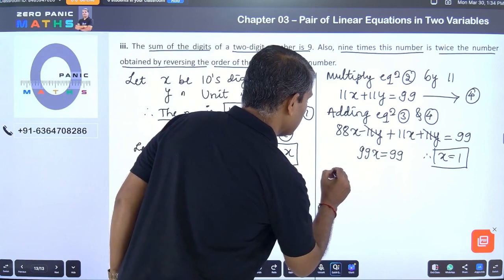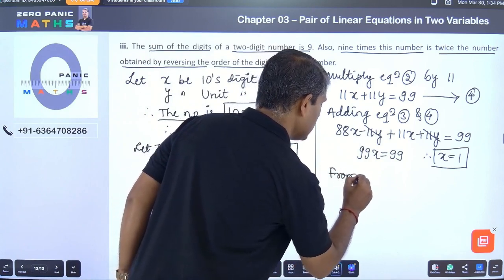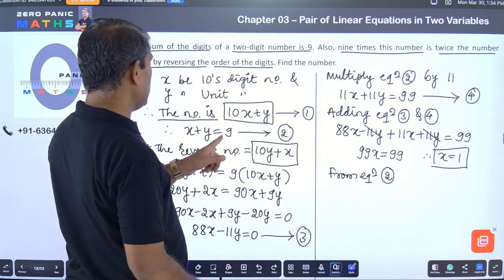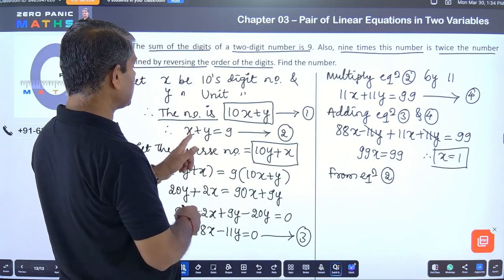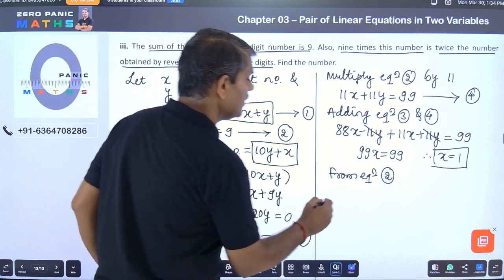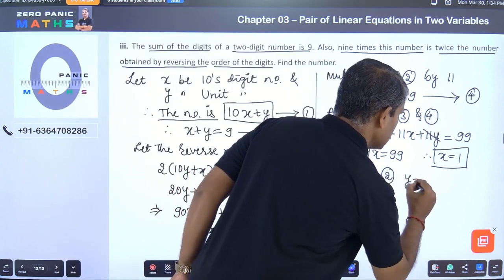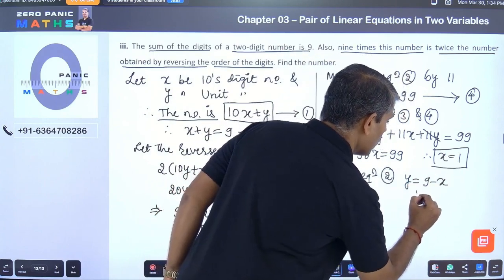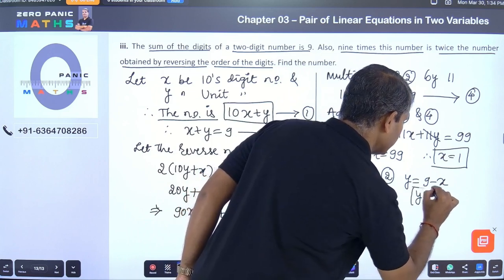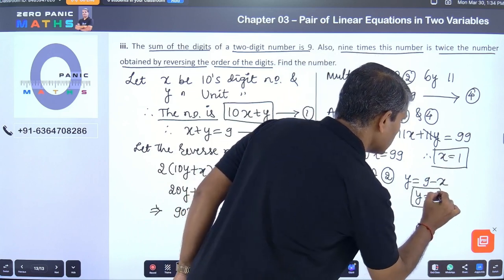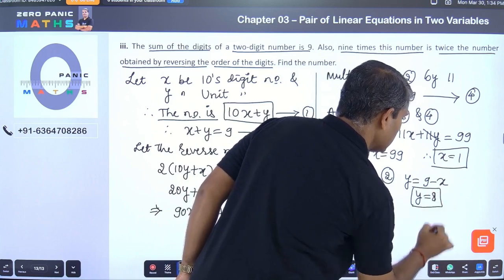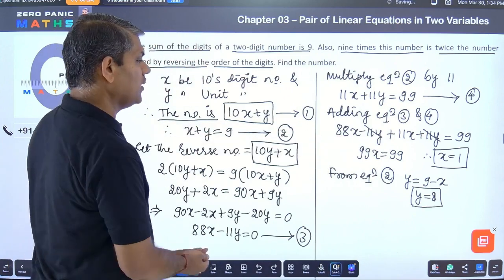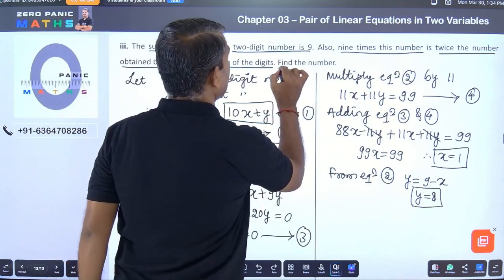Now substitute the value of x in equation 2 to get the value of y. From equation 2, y is equal to 9 minus x. Therefore y is equal to 8, because x is equal to 1. So what is asked? Find the number.